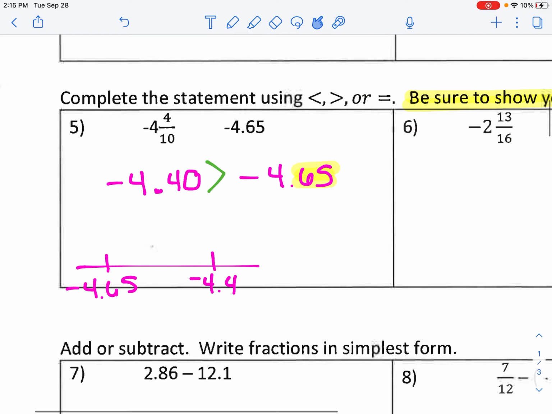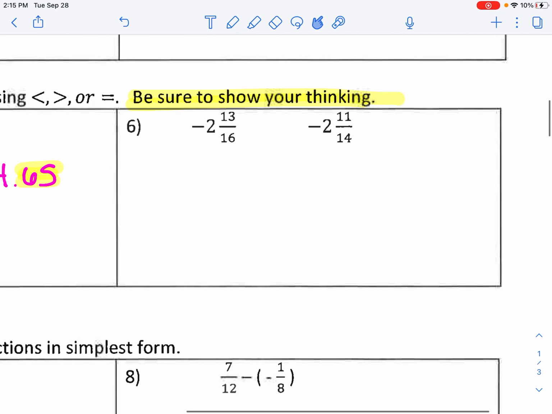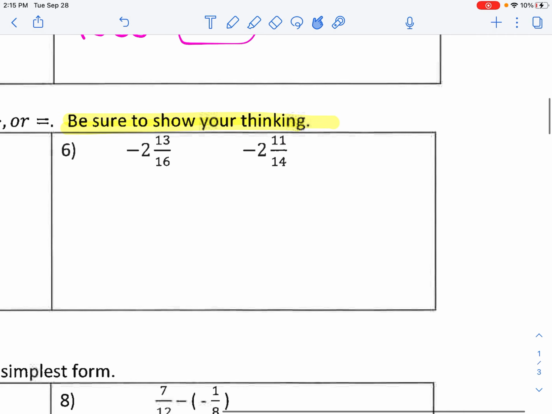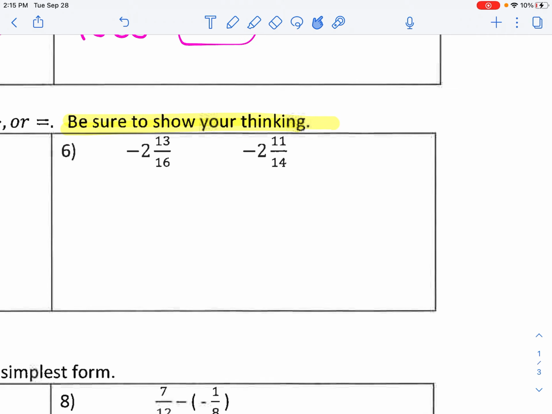You don't have to show that number line, but you have to at least convert both to fractions or convert both to decimals. All right, so here you have two choices. You can either find a common denominator for 14 and 16, or you can do cross products. So for this one, if I multiply 16 times 11, that's 176.